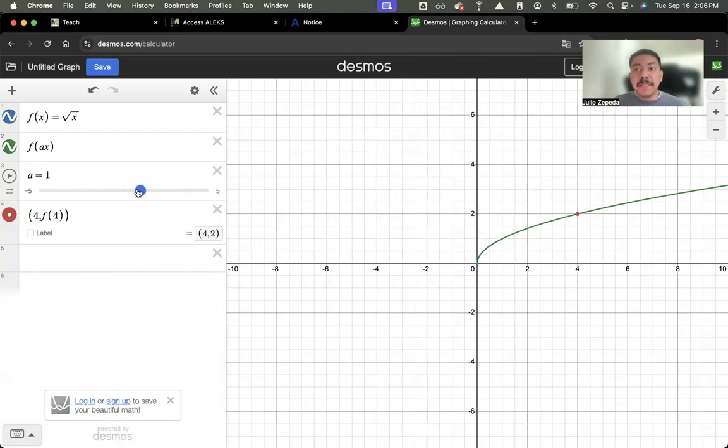One thing that it looks like when I increase this is that a horizontal compression can look in some cases like a vertical stretch. It looks like it might be moving up, but it's actually not. We can think of the graph as being compressed in the horizontal direction towards the y-axis. I was trying to follow a point here.